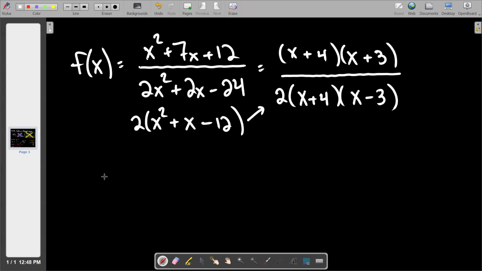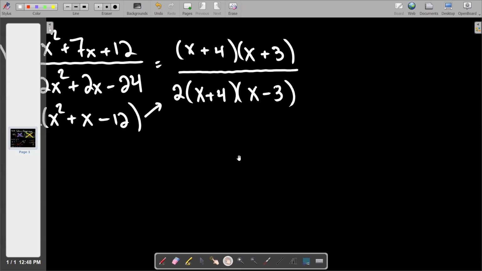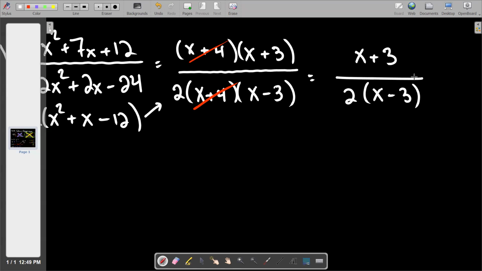So there it is. Let's go ahead and do a little cleanup work on this. We're going to go ahead and give our x plus 4s a cross out, leaving us with a final function that looks like this, x plus 3 over 2 times the quantity of x minus 3, and the journey begins. So let's start with the horizontal asymptote.